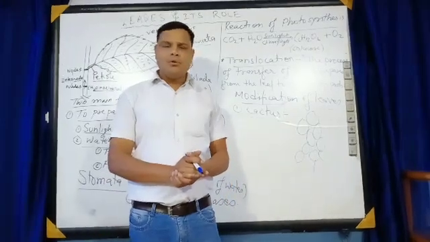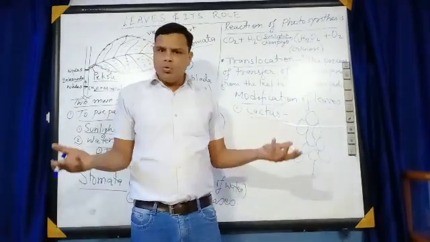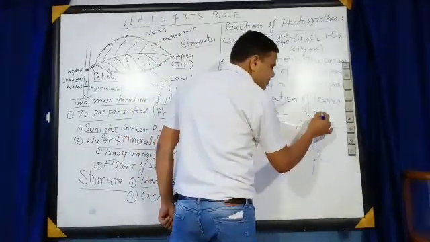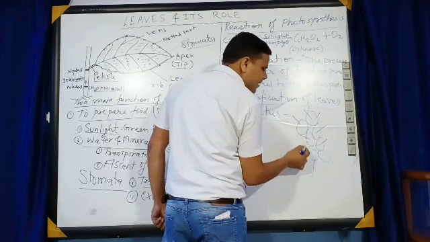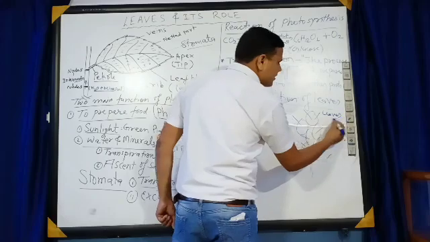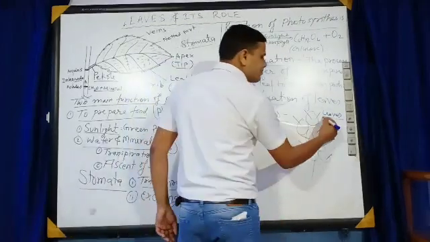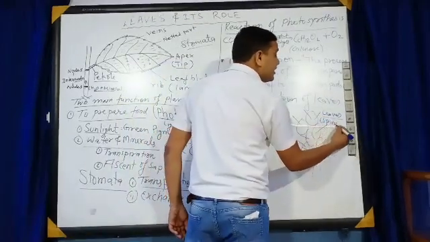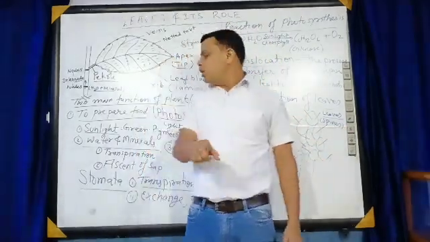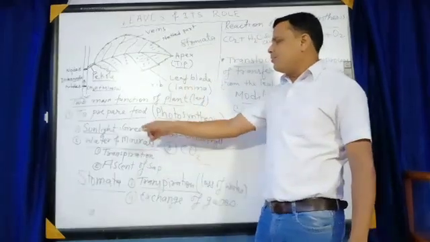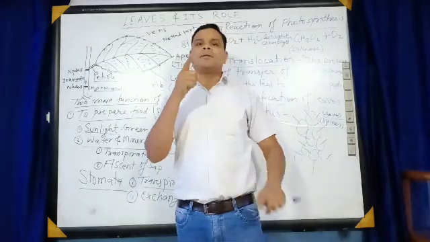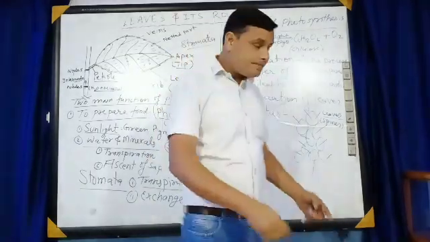Now your answer will be no, sir, in the cactus there is no leaf. But you are wrong. In cactus we have spines. These spines are actually their leaves. They are modified into spines to minimize the loss of water by transpiration. Leaf area will be less, so the transpiration rate will be less.